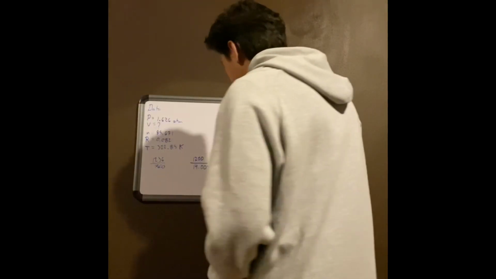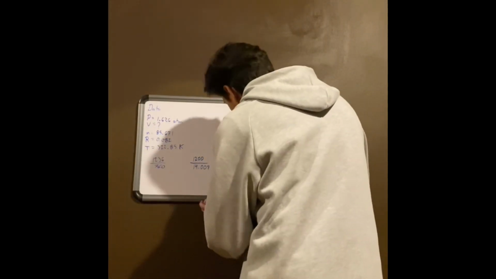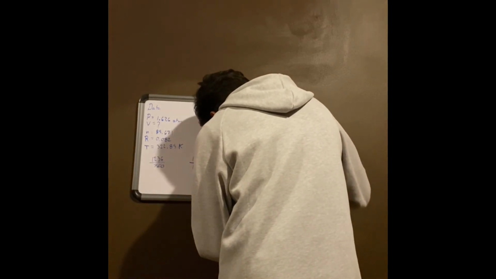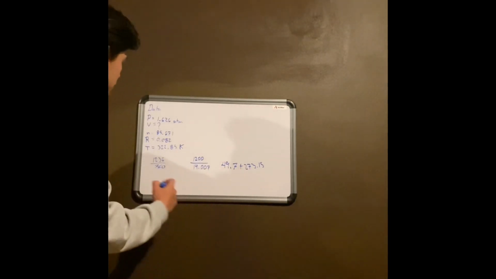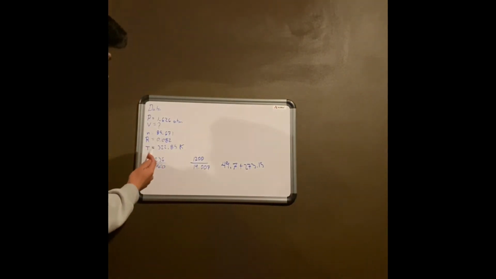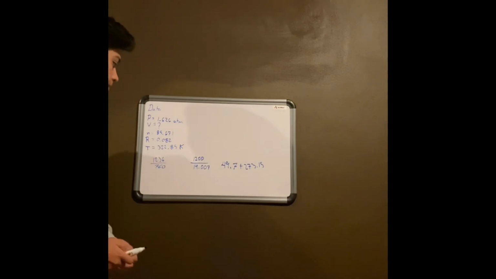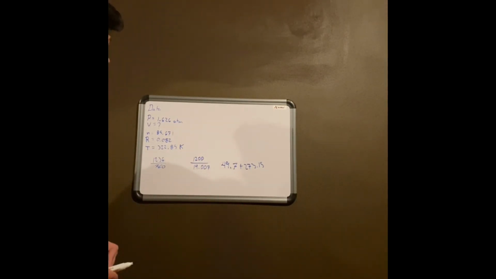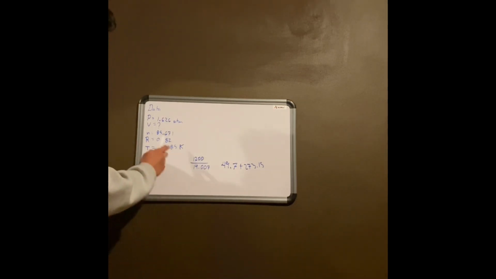We got our Celsius 49.7 plus 273.15. And this is going to give us the temperature of 322.85 kelvins.